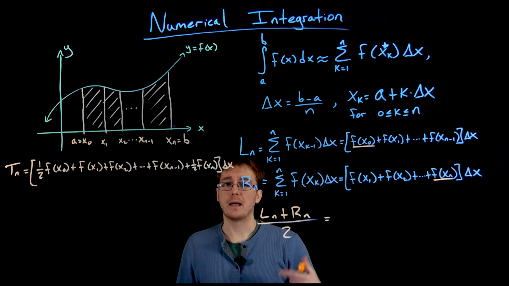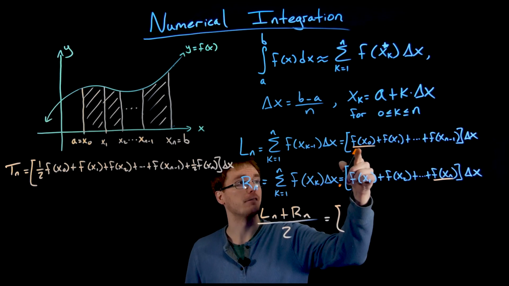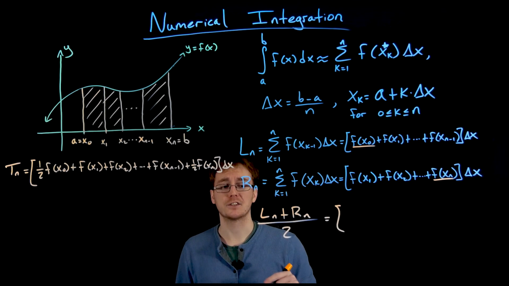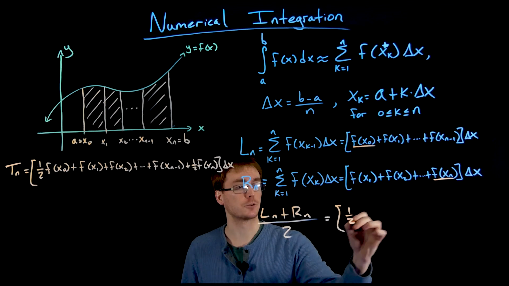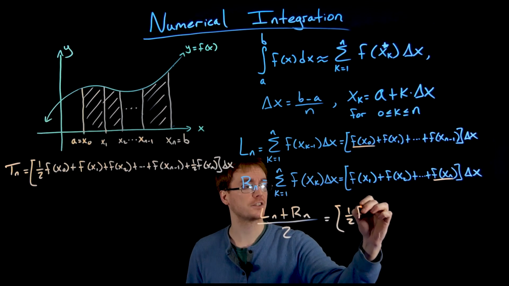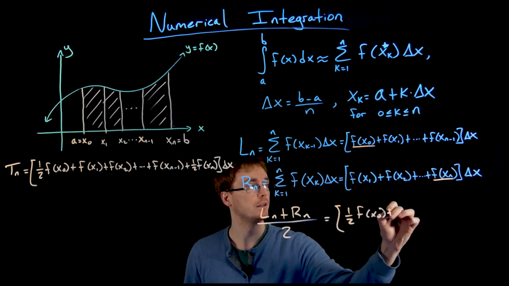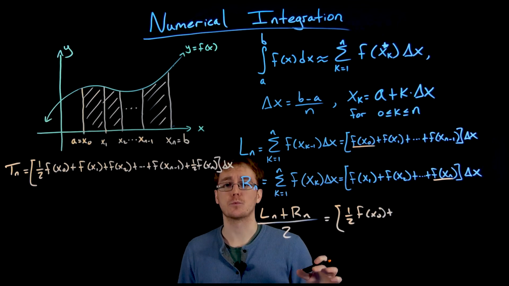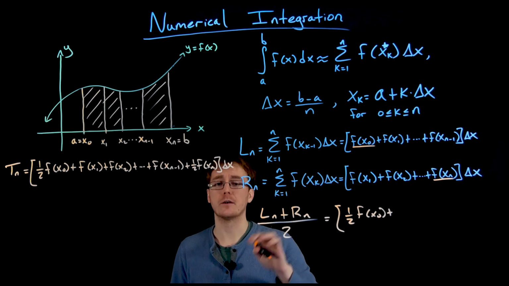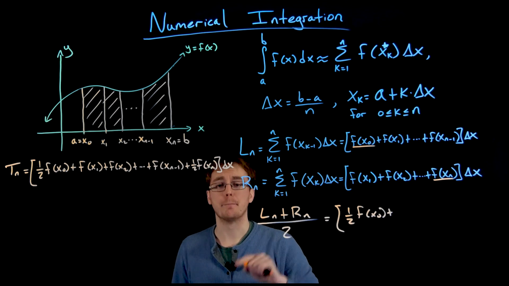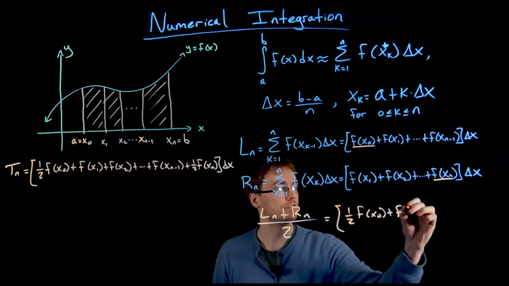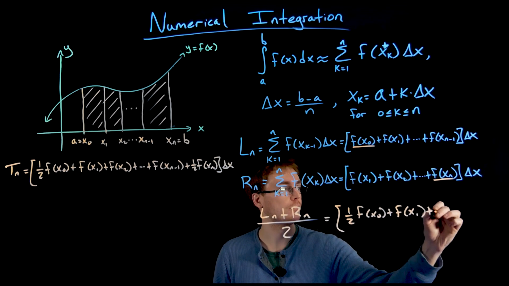So we're adding all these up and then dividing by 2. For that first one, we're only going to have 1 f of x naught, but we have to divide that by 2. That's where our 1/2 of f of x naught comes from. Then we have 2 f of x1s that we add together, one from L_n and one from R_n, but we divide those by 2, and that leaves us just with a single f of x1.